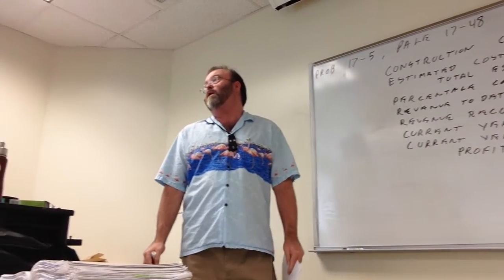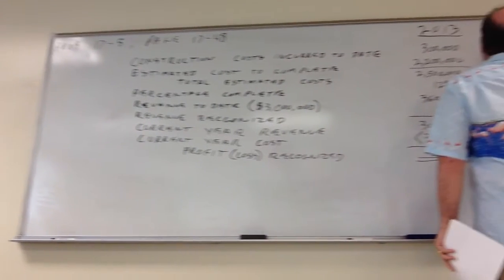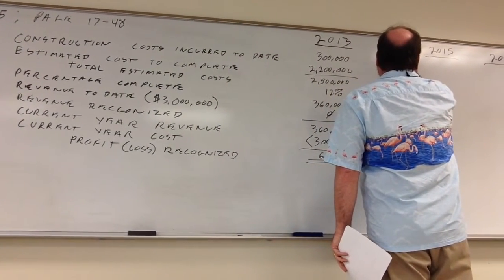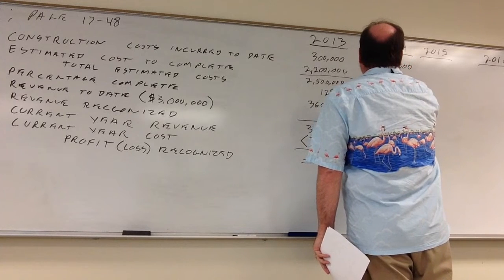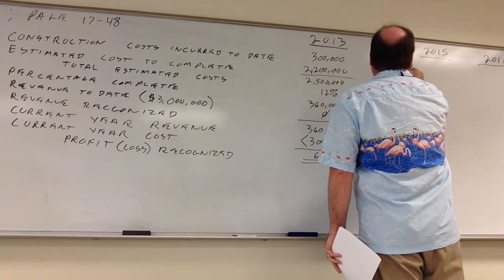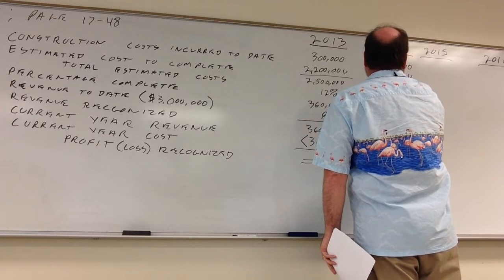In 2014, we incur another $1,100,000, and we expect $1.4 million to complete. So add it together, we now have incurred cost of a total of $1.4 million. We've got another $1.4 million to finish it for a total of $2.8 million.